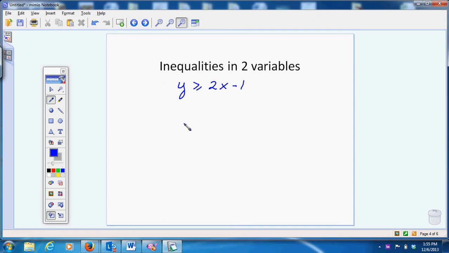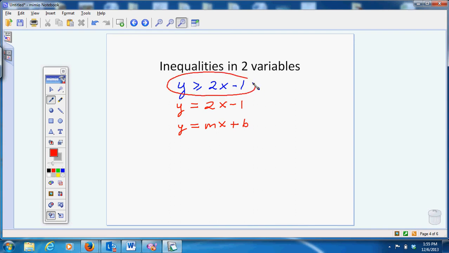What I want you to realize here is this looks an awful lot like y equals 2x minus 1, which would be a line in the form of y equals mx plus b. And that's all we're going to be doing. We're going to be graphing this.